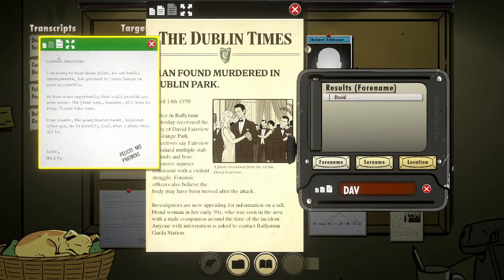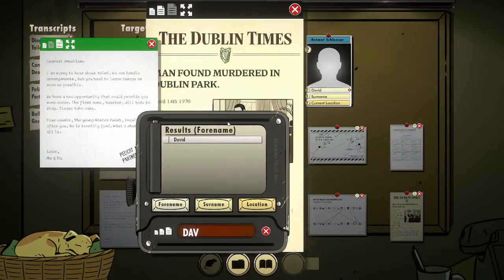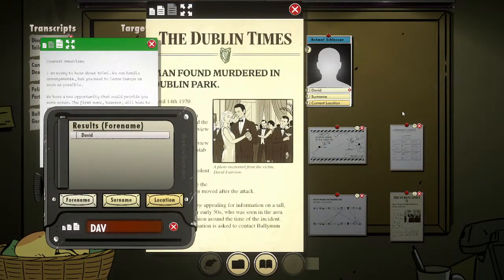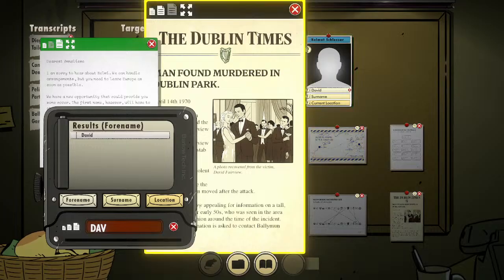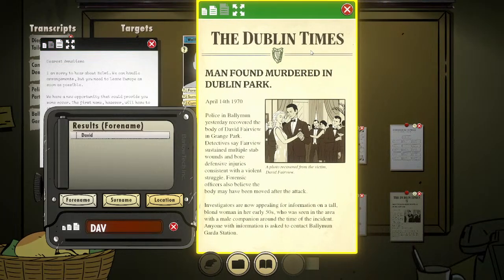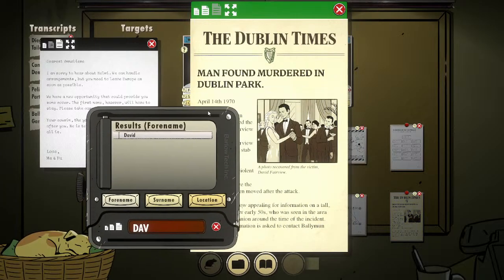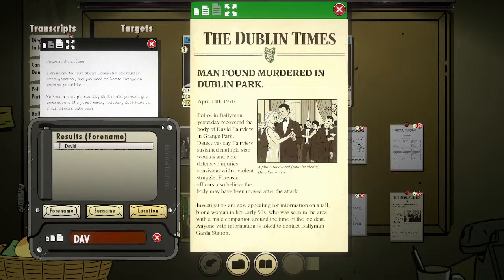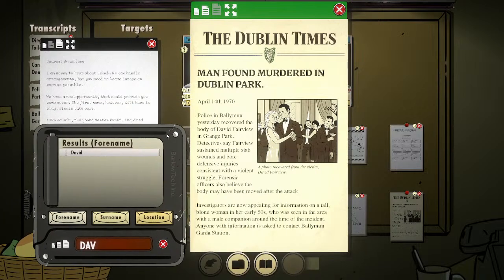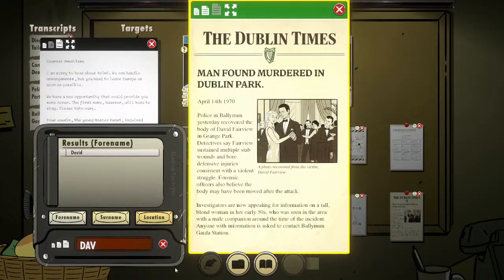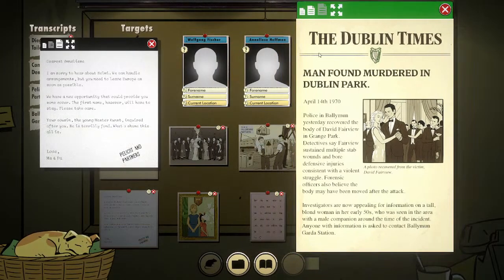Okay, this is in Dublin Park. So she went to Dublin. That's why we don't have a Pentagon anywhere, because she didn't go to America until later. But she did end up in America, and we know that for reasons that I have forgotten. But we will find those reasons again.